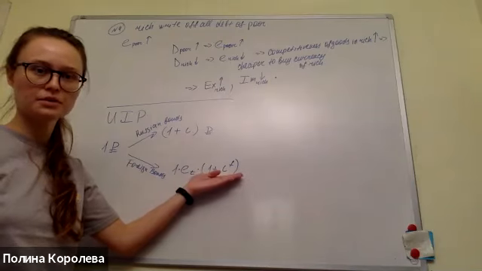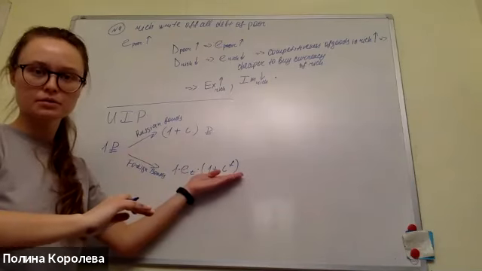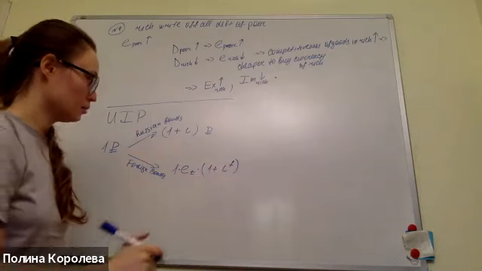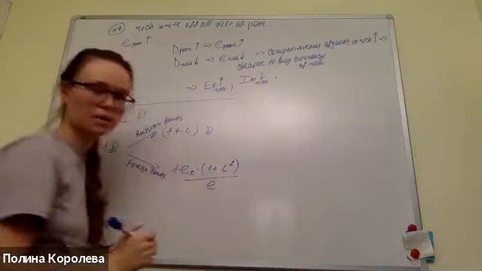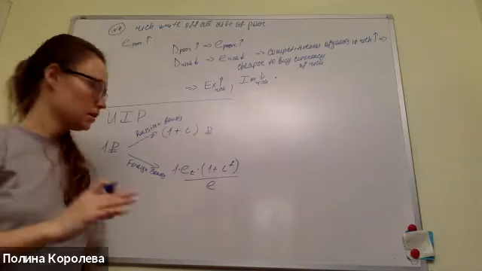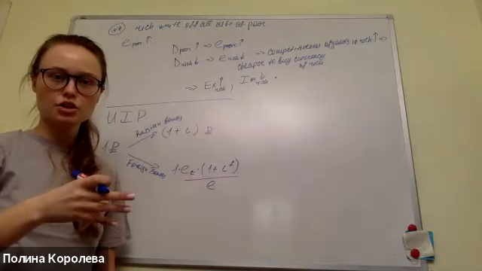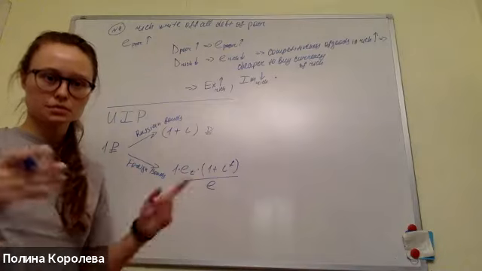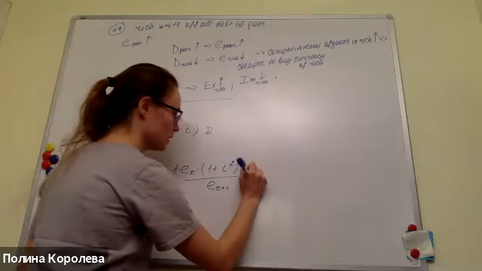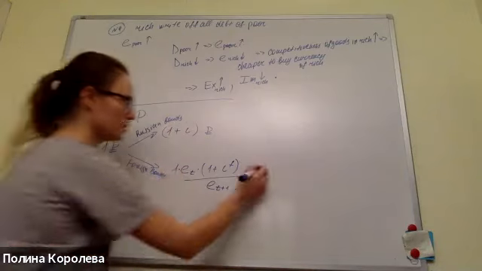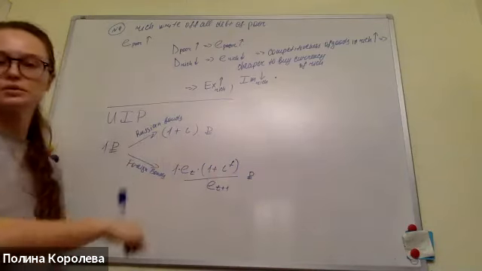How to convert it back to rubles? We need to divide by the exchange rate, but it has changed, because now a year has passed: the exchange rate in year T plus 1. And this is how much we will get if we invest in foreign bonds in a year, in rubles.